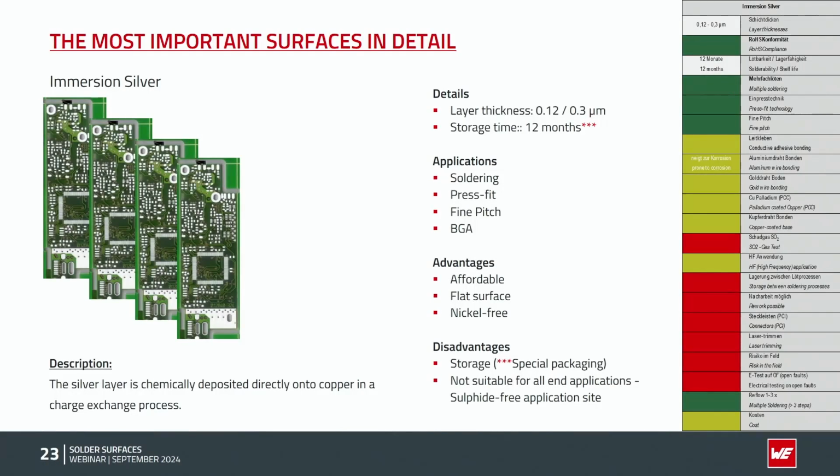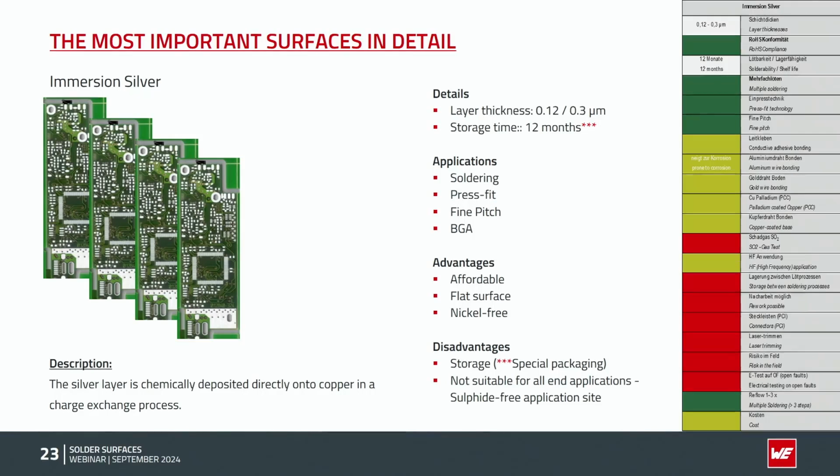So the next solder surface is immersion silver. So we replace tin by silver, and this is an even thinner surface. The layer thickness is 0.12 up to 0.3 micron. The storage time could be 12 months, but for that you need a special packaging.